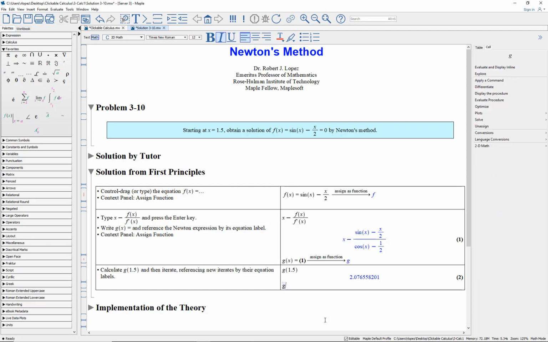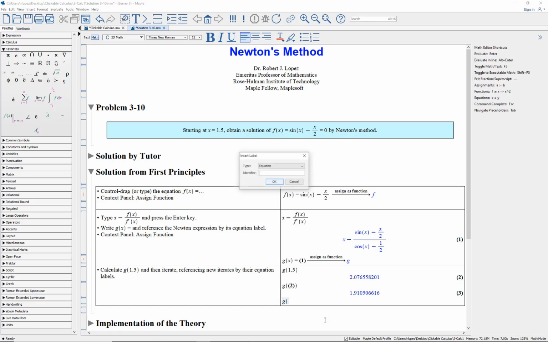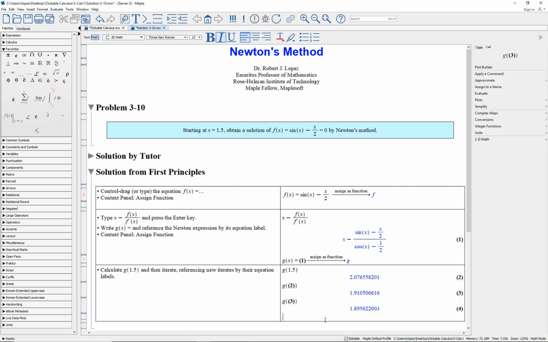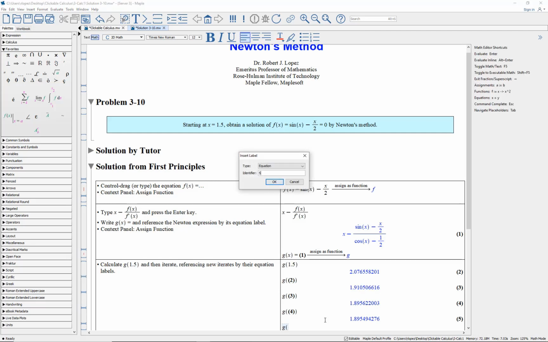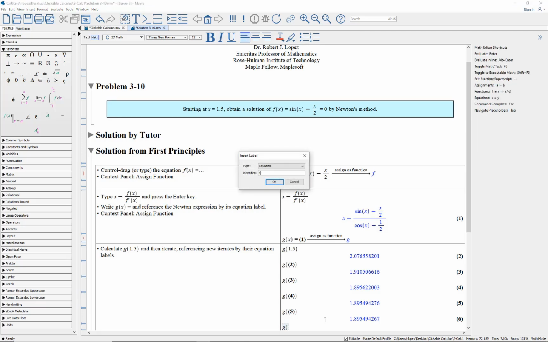So g of Control L2, apply g to that, g of Control L3, g of Control L4, g of Control L5, g of Control L6.